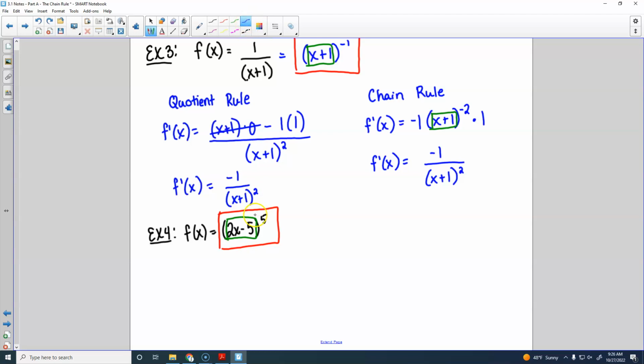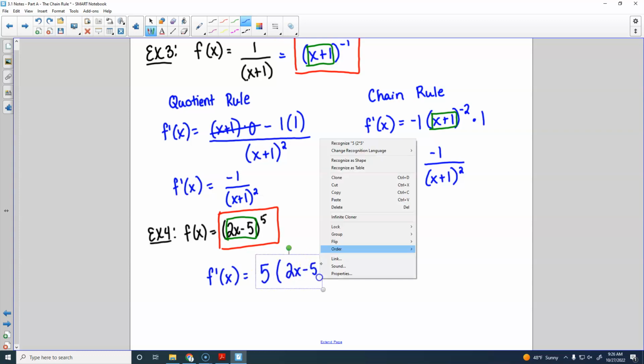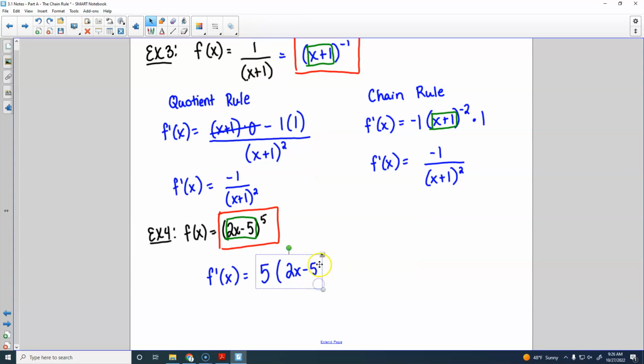So if we're taking our derivative here, we take the derivative of the outside part first. So that would be 5 times, leave the inside stuff the same, (2x minus 5) to the 4th power, right? So basically you're just pretending like that 2x minus 5 stuff is just a variable, and you're just using your power rule for that.